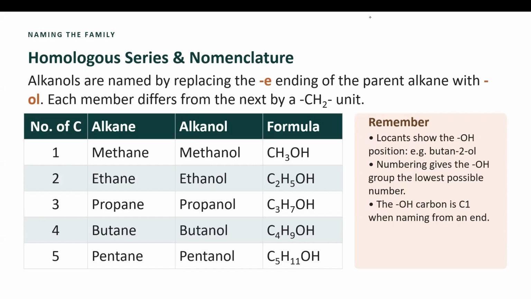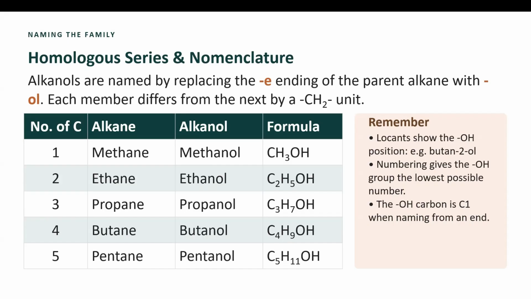The rule says you start counting your carbon atoms on the chain from the end closest to the functional group. So if the functional group is on a terminal carbon, then that carbon bearing the OH becomes your number 1.